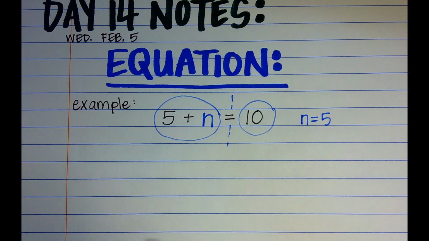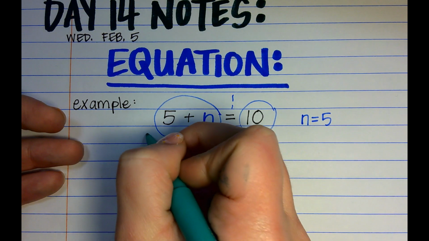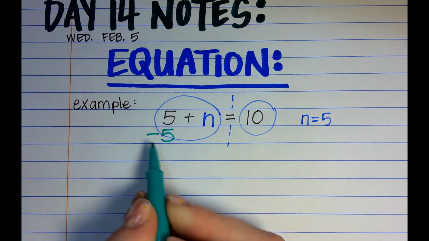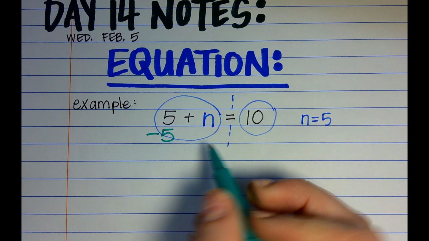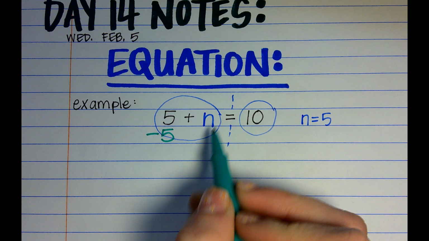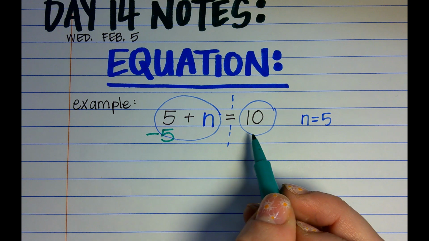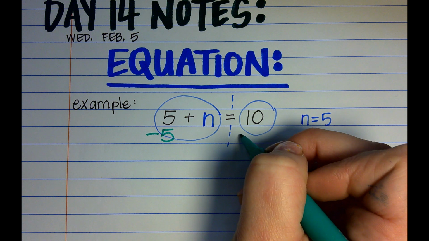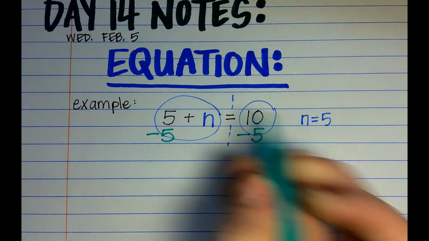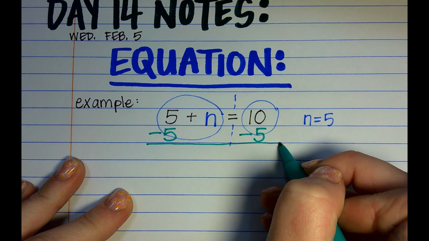To get rid of that positive 5, I'm going to subtract 5. I'm going to minus 5. And if I do something on one side of my equal sign, one side of my equation, I have to do it on the other side too. So I'm going to do minus 5 over here as well.